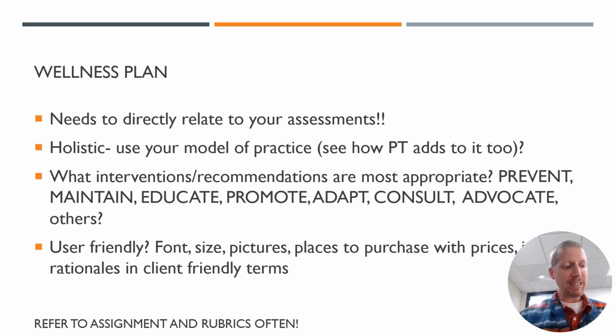I should be able to see, oh, range of motion is affecting their ability to wash their hair in the shower. And so then your wellness plan, right, should have something. Maybe there's some adapted way that they can wash their hair, okay? And so your wellness plan needs to directly relate to the results you found in your assessments.